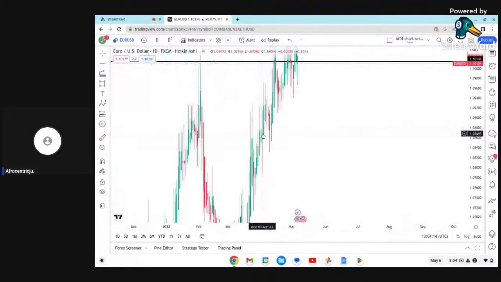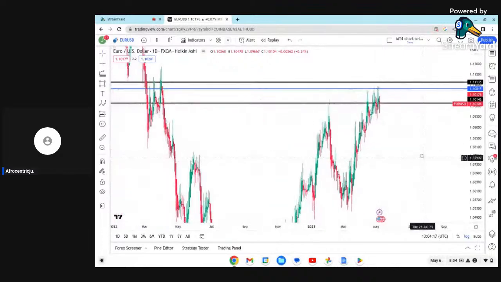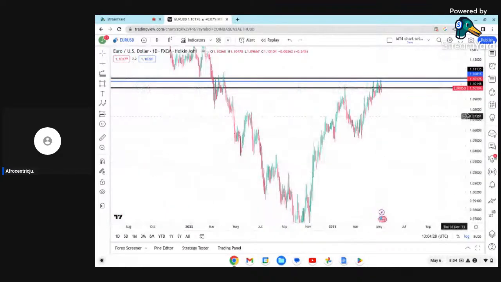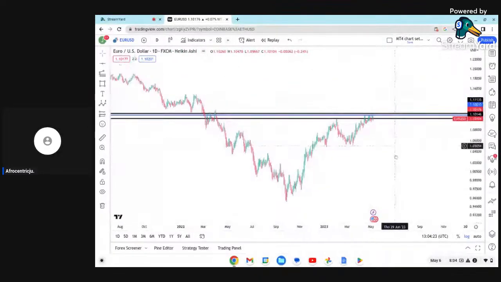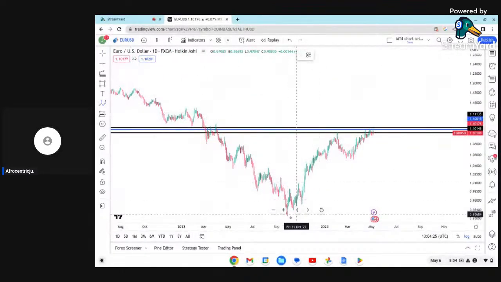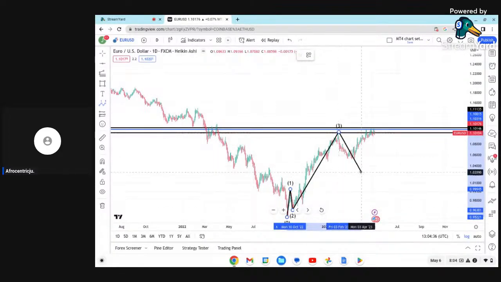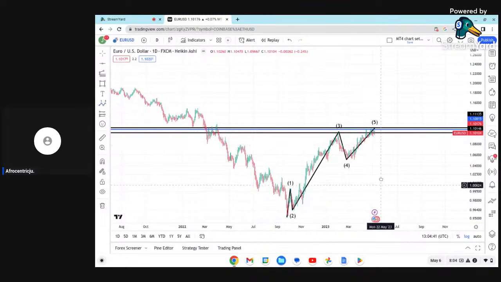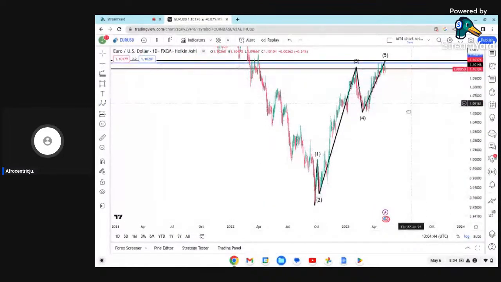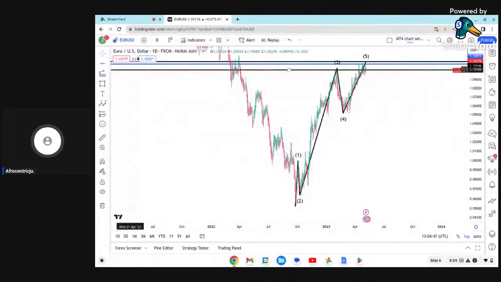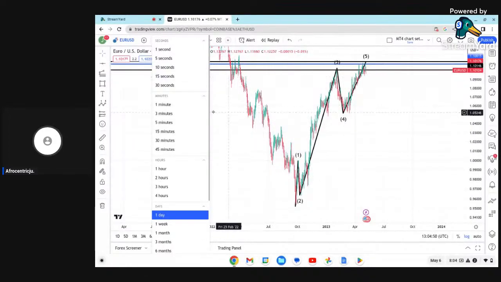And on this, let's see here, this is a clear uptrend here. So for this Euro USD, it'll be kind of the same thing, same concept.